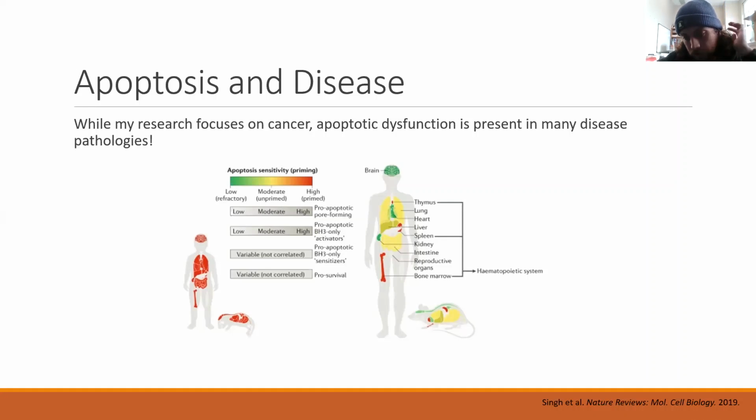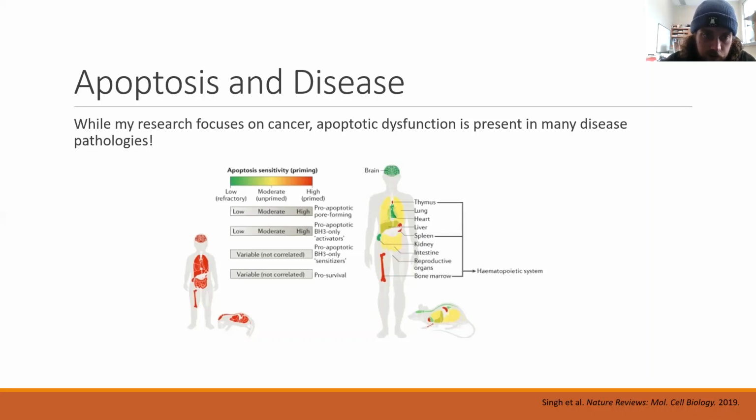Here we see a figure from a Nature review showing the apoptotic sensitivity of different cells throughout the body in mouse and human. Basically you see that when you're developing and in certain hematopoietic systems in the adult, you see a high apoptotic sensitivity because these cells are constantly being selected for, and aberrant or misdeveloped cells are being cleared from the body.